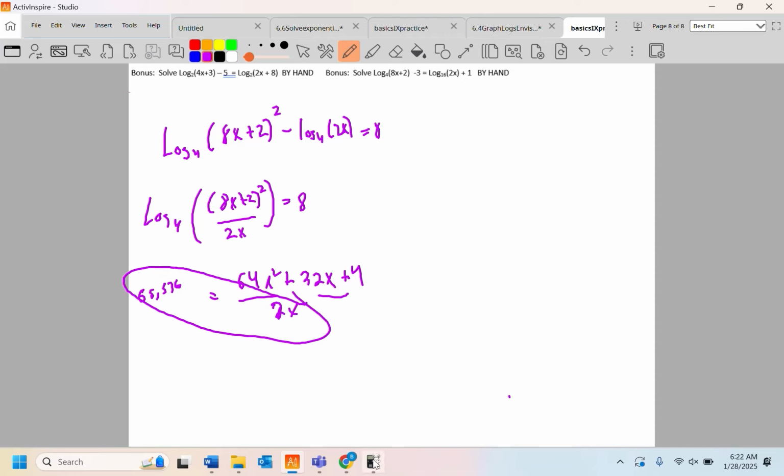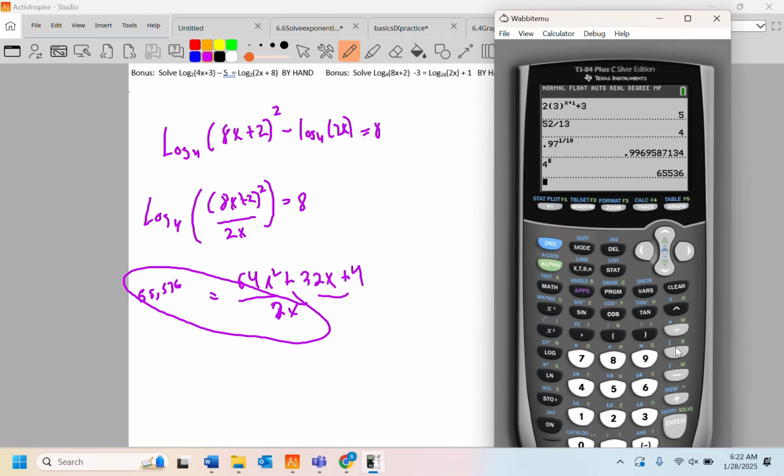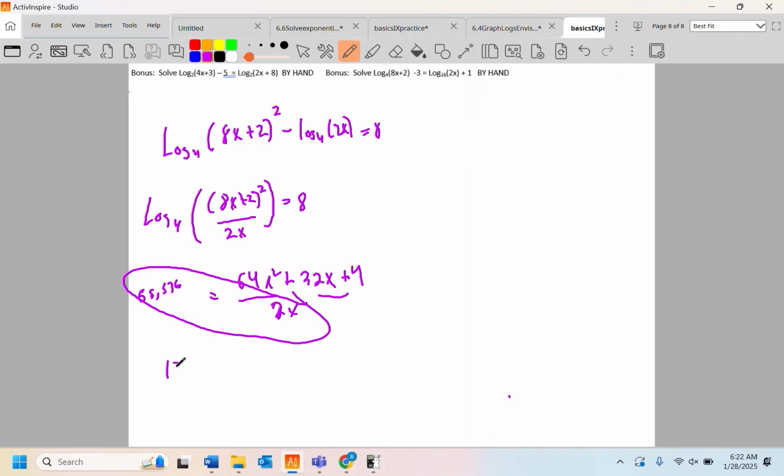Double that. And I don't want to make any mistakes. So times 2. 131,072 times x equals 64x squared plus 32x plus 4.